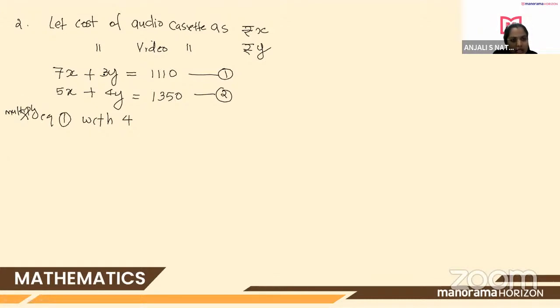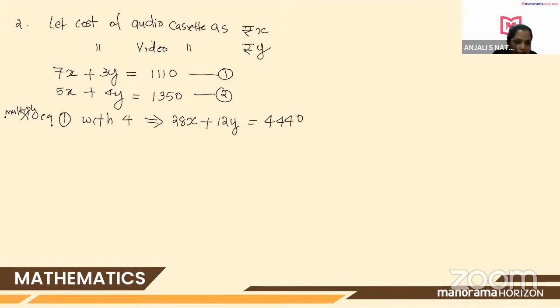So we can make it as 12. 4 into 3 is equal to 12 for the coefficient of y. That changes the entire equation. So 7 into 4, 28x plus 12y is equal to 4440.